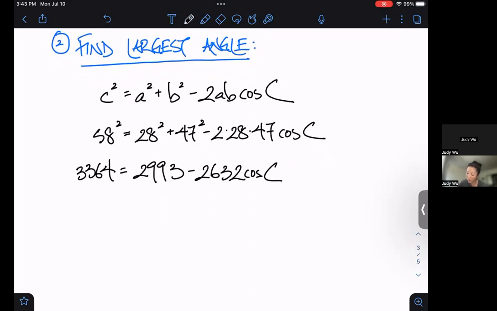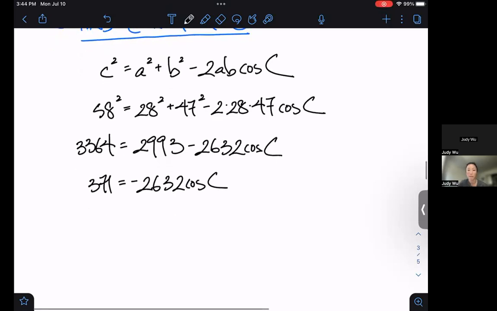Now I'm going to subtract the 2993 to the other side. So 3364 minus 2993 gives me 371, equals negative 2632 cosine C. You're going to divide both sides by 2632. So cosine C equals negative 371 over 2632.